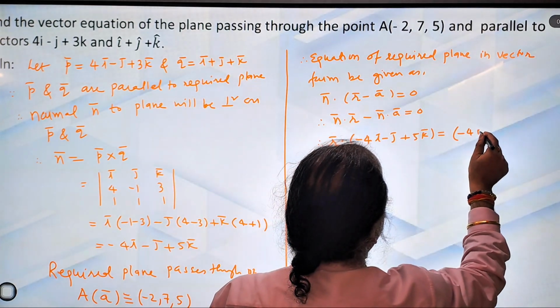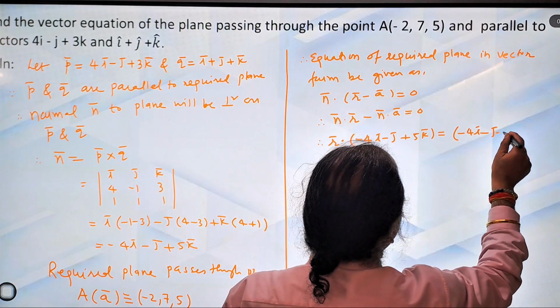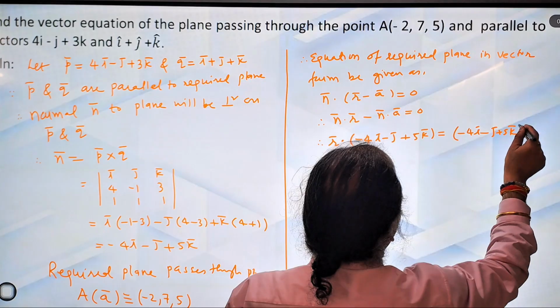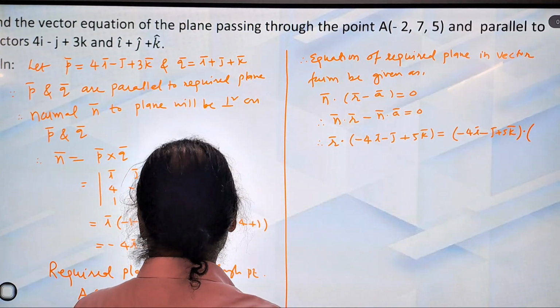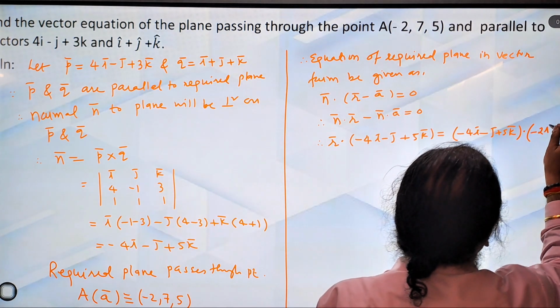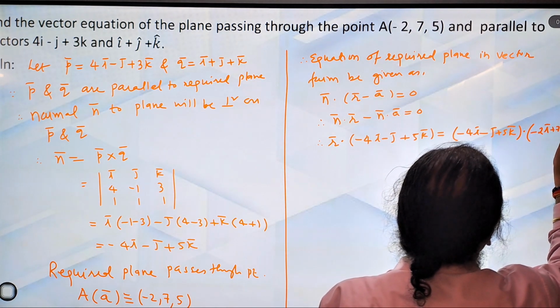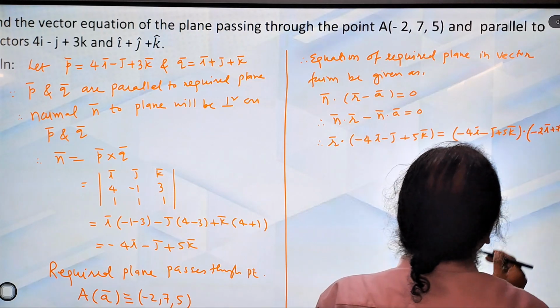That is equal to (-4i - j + 5k) dot (-2i + 7j + 5k).